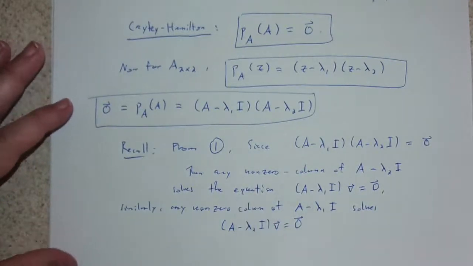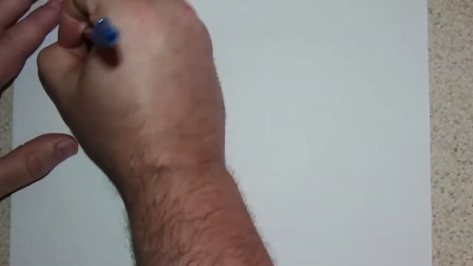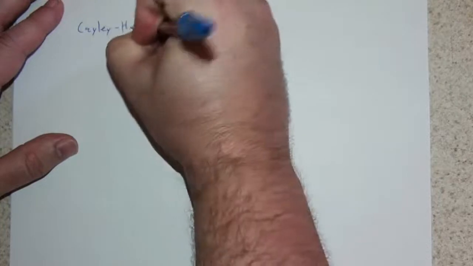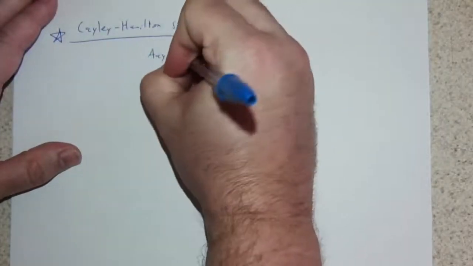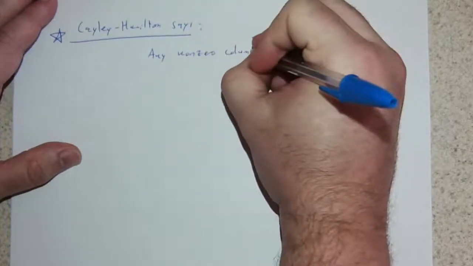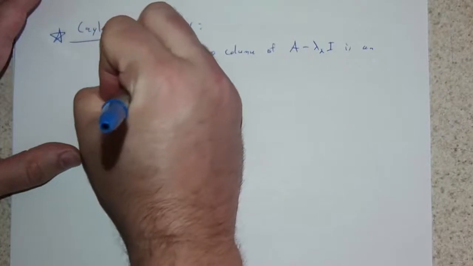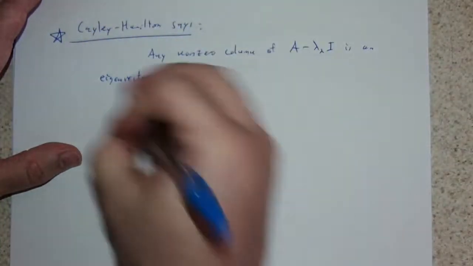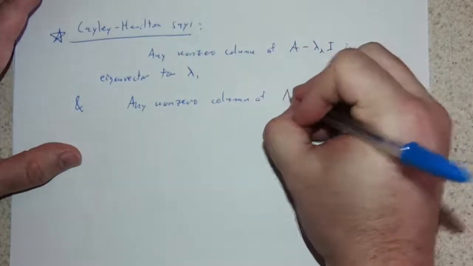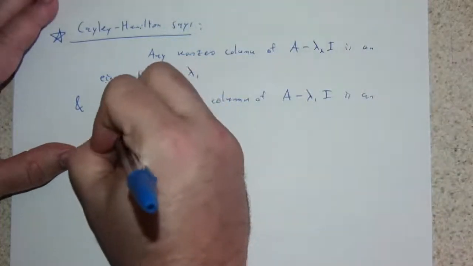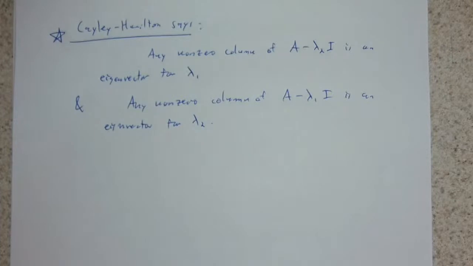What this means is, rewriting this very slightly, thus, Cayley-Hamilton says, and this is very important, any non-zero column of A minus lambda 2 I is an eigenvector for lambda sub 1, and any non-zero column of A minus lambda 1 I is an eigenvector for lambda sub 2. Okay.